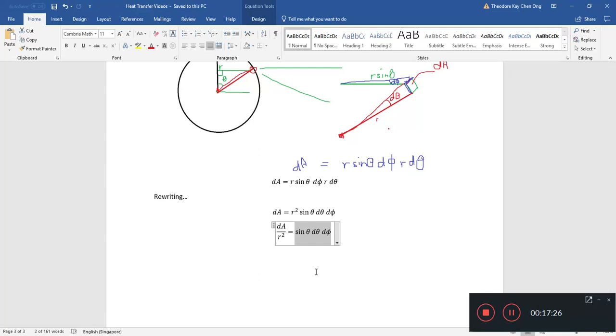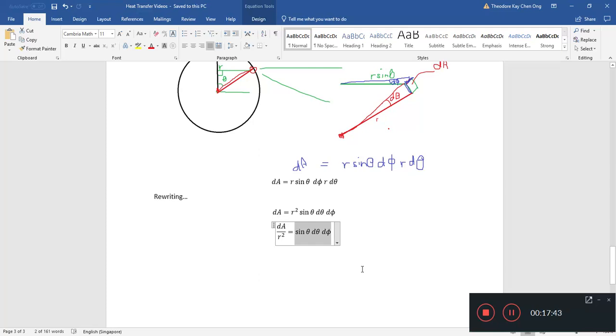They are only talking about angles, nothing to do with the radius. So dA over r squared gives us the expression we need to describe angles in 3D.